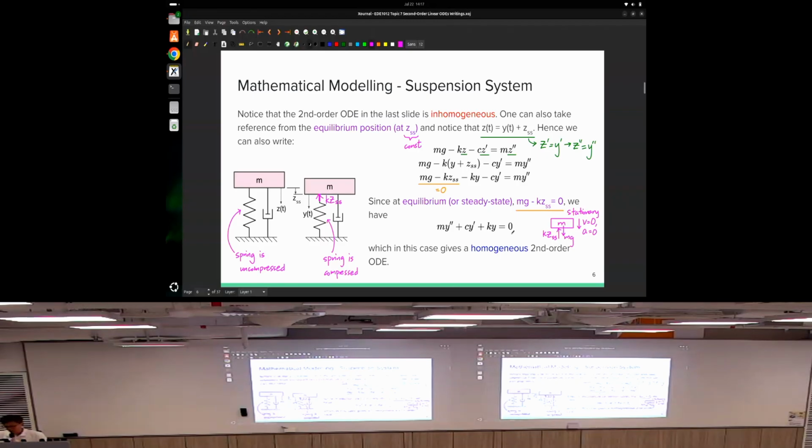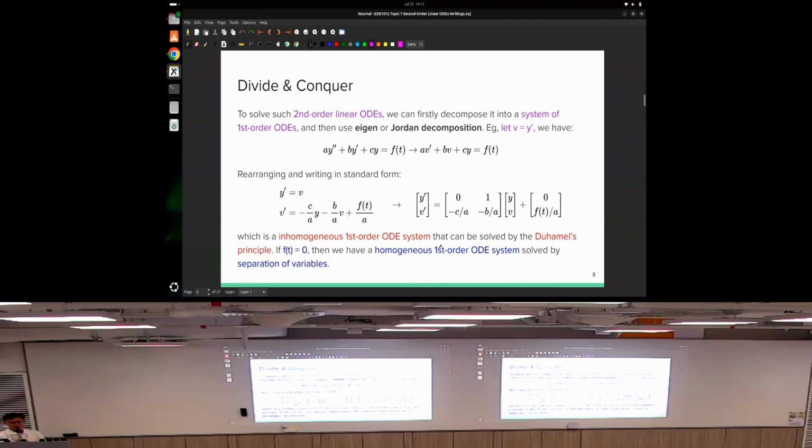Okay, so now we are going to consider how to solve this second order ODE. The deal is we just convert to first order, because actually we don't know how to solve second order, third order, fourth order. All we know is first order. So we just convert all the second order and above into first order, and then we solve the first order ODE.